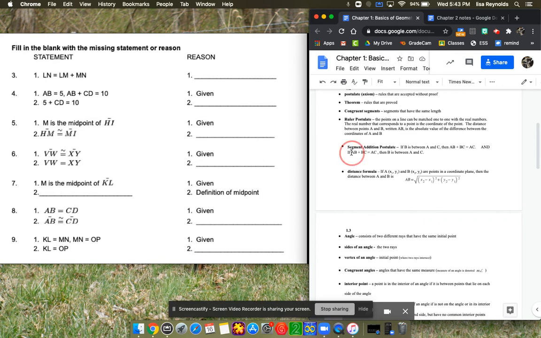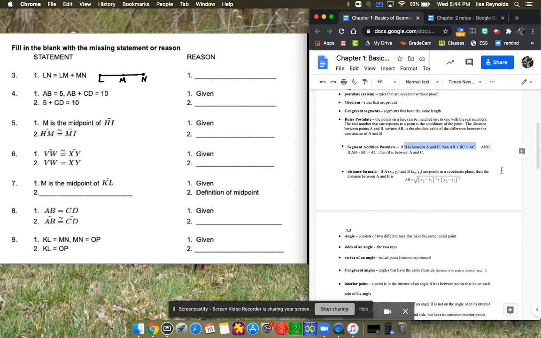If I have a segment where a point is between two others, then I can create an addition problem. So if I were to draw out the segment, my L with my N, and then I could put M inside, this would be my whole thing and my sum of the parts.